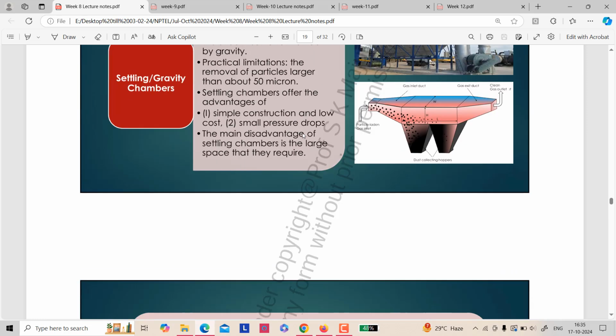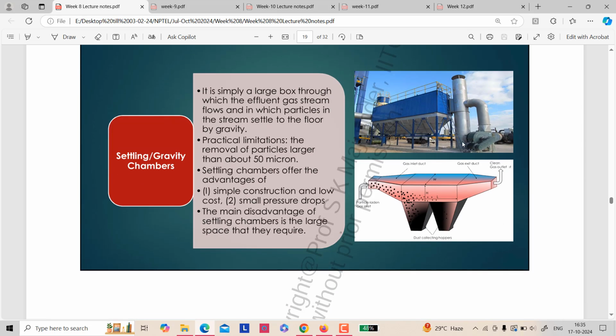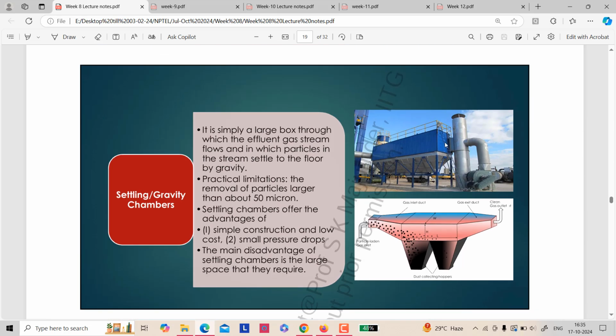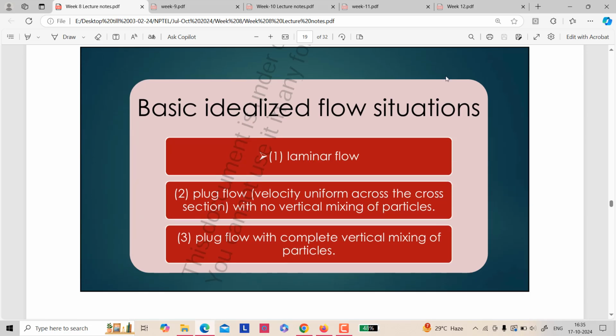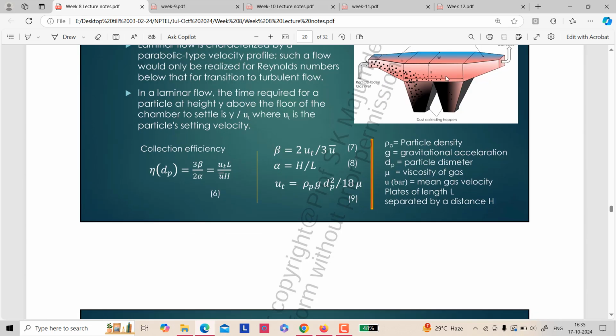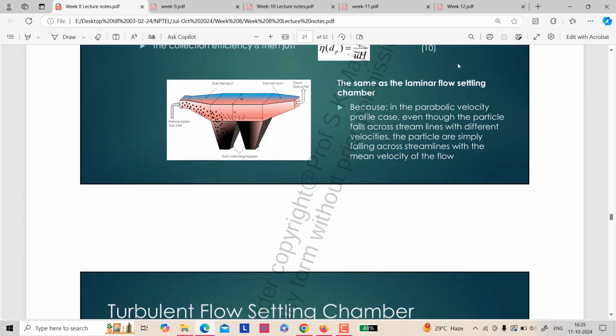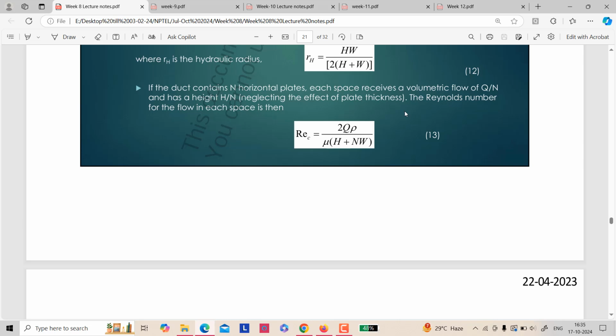This is the example of a settling or gravity chamber. Okay, so the particles are stored in this chamber at the bottom. So this is the formula of a turbulent flow settling chamber.